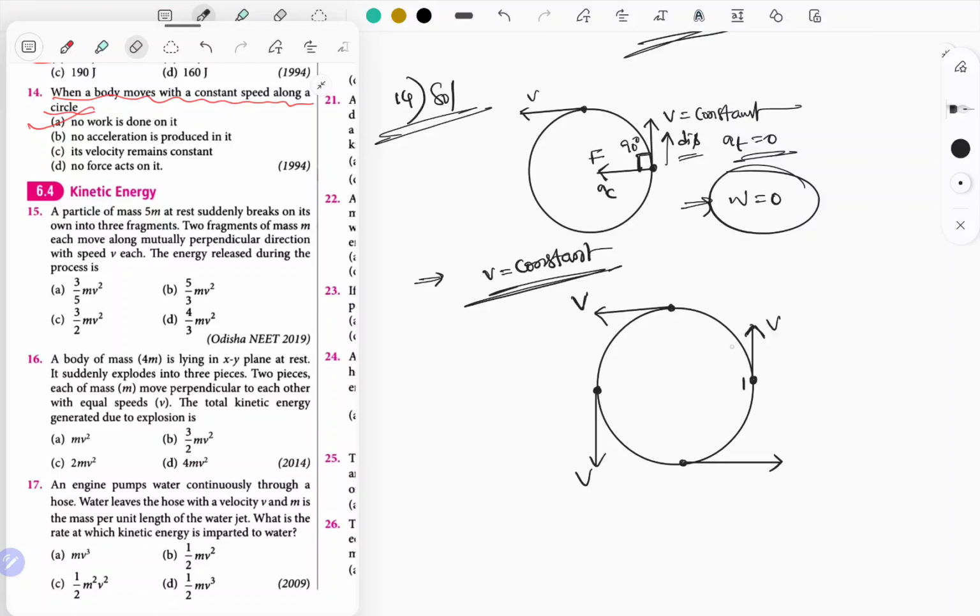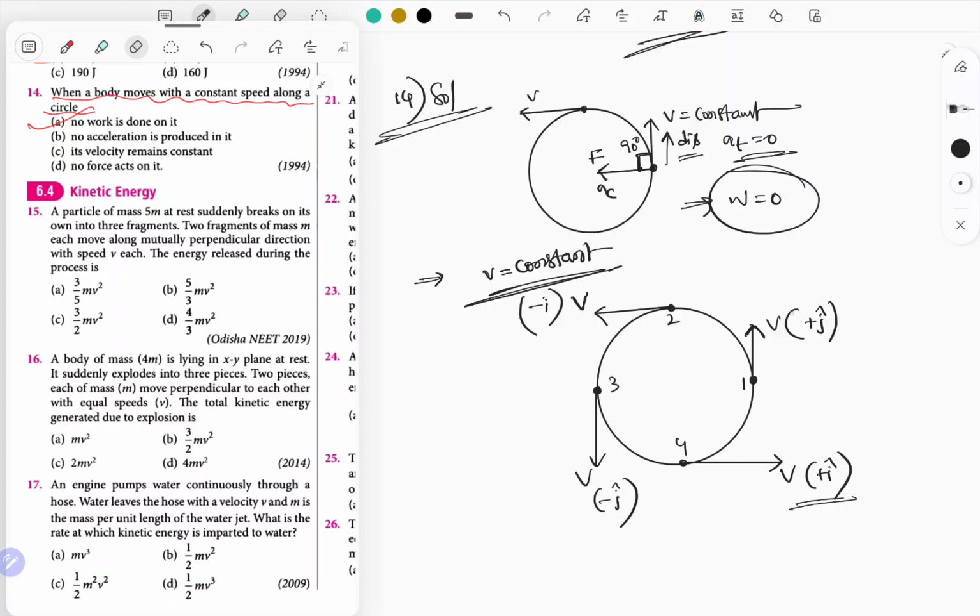If you observe positions 1, 2, 3, 4, the magnitude of velocity, that is v, is constant. Speed of the particle is constant, but here it is moving along plus j cap, and this is minus i cap. Here it is of minus j cap direction, and it is of plus i cap direction. So the direction of this particle is changing with respect to time.